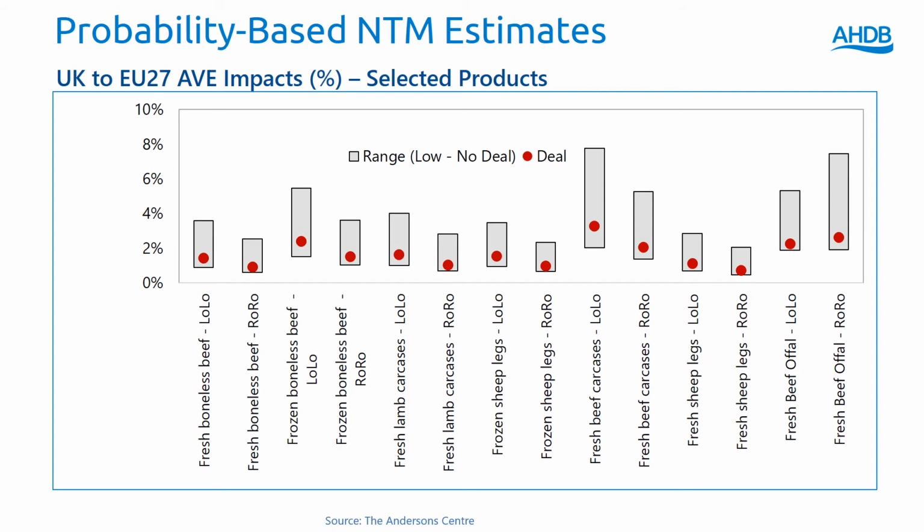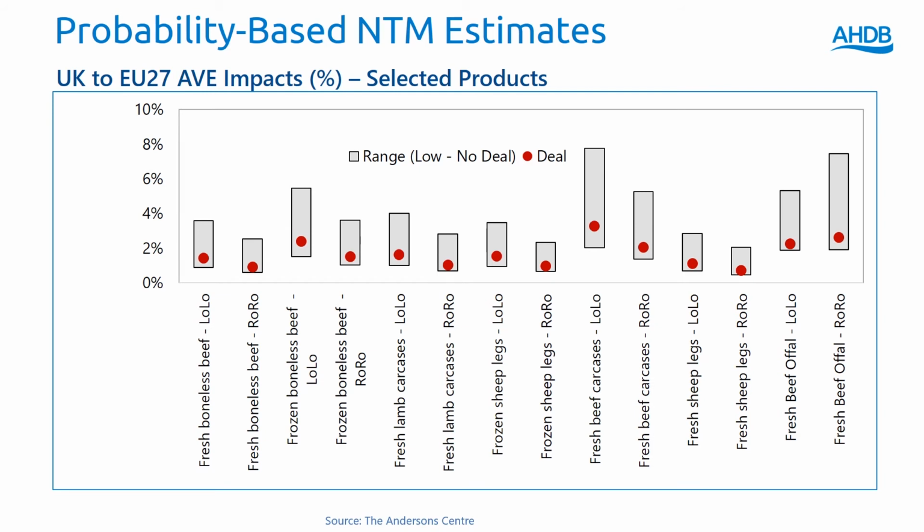And we've also added the low scenario as well, so New Zealand type rates of physical checks and sampling, for instance. And you can see, based on the NTM cost estimates expressed in ad valorem equivalent here for UK to EU27 shipments, under a deal scenario for most products, the ad valorem equivalent cost is in or around the 2% level.